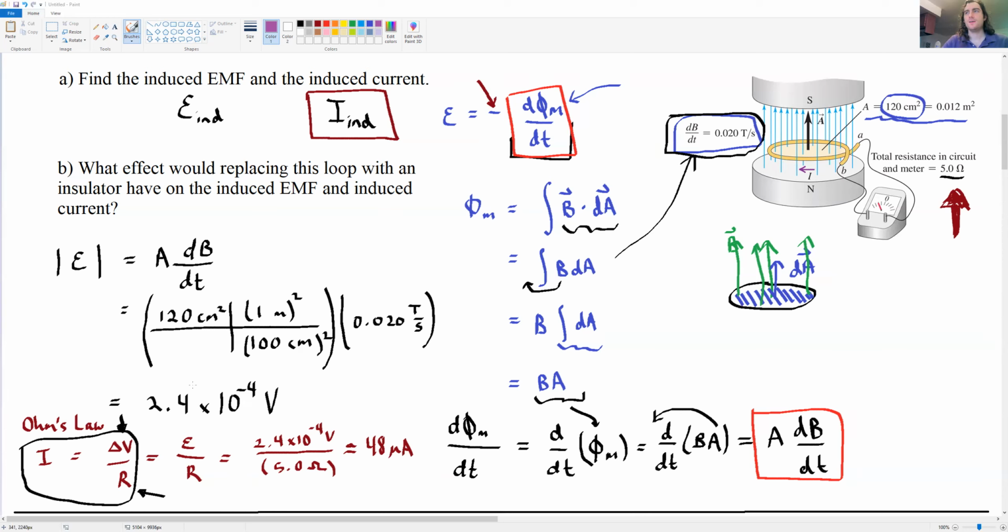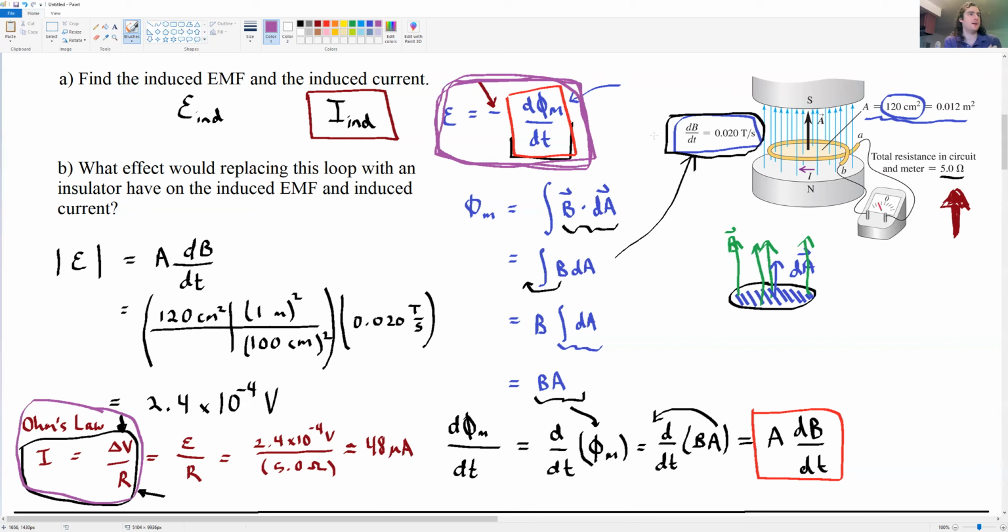So how did we find the induced voltage here? Did we find the induced voltage using Ohm's law? Sean says, we haven't changed the area, angle, or rate of change of the field. Right, so we got the induced voltage from Faraday's law, not from Ohm's law. So we want to use Faraday's law to determine whether the induced voltage changes.